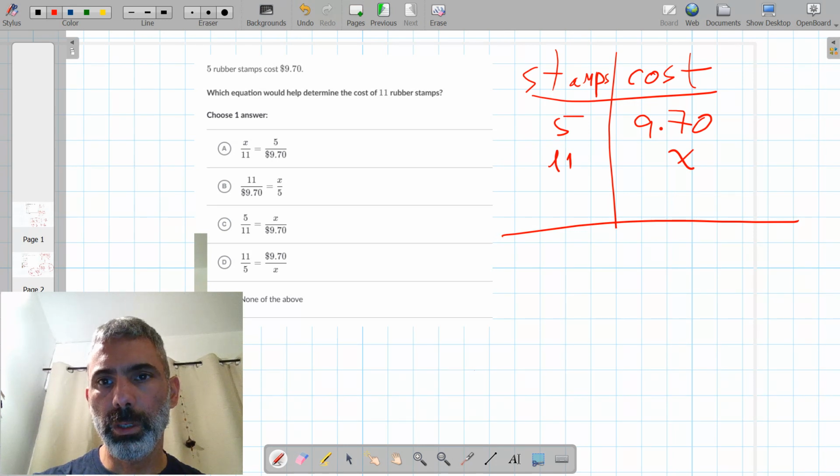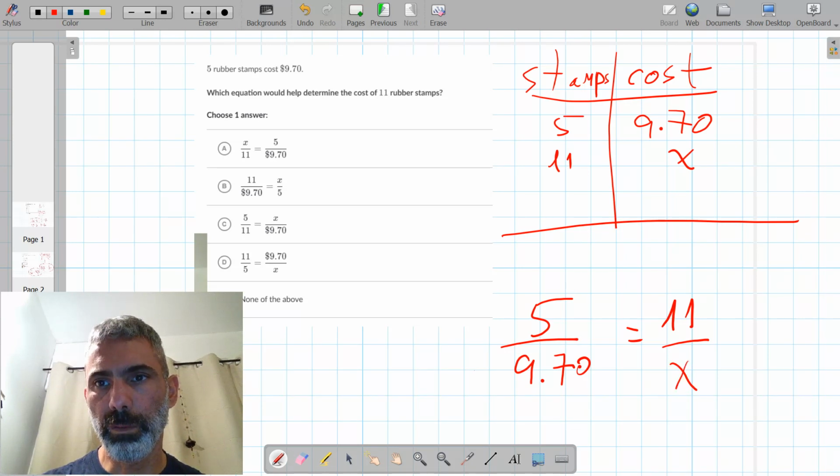Okay, one option is to equate the rate of stamps to the cost. So 5 to 970 is the same as 11 to the cost of 11 stamps.